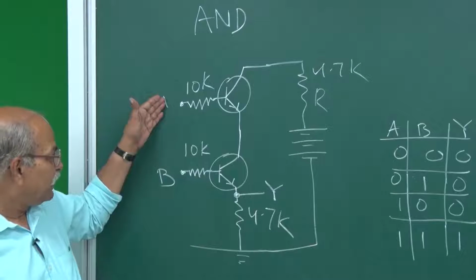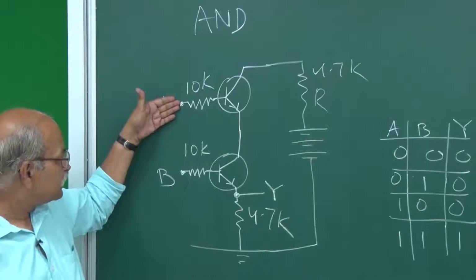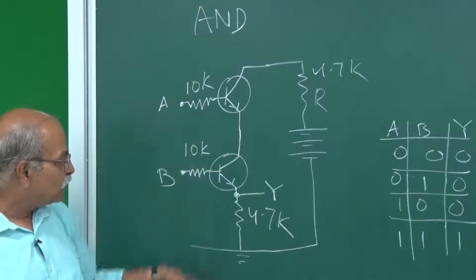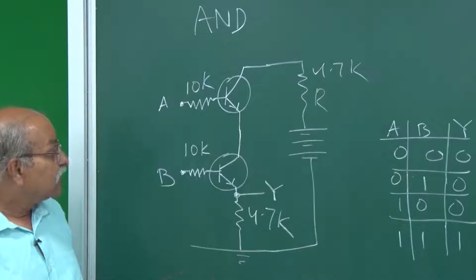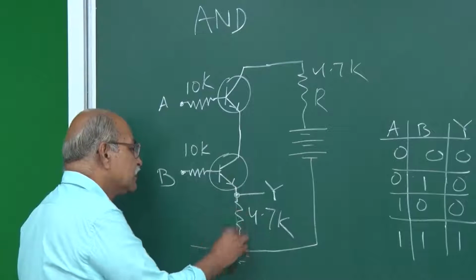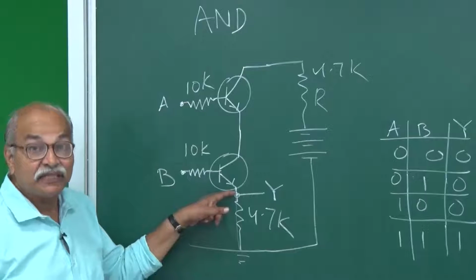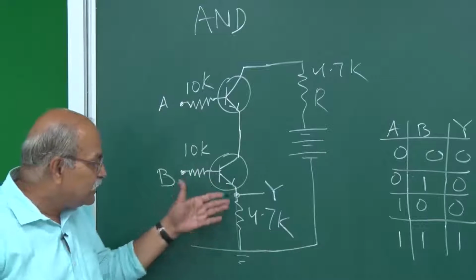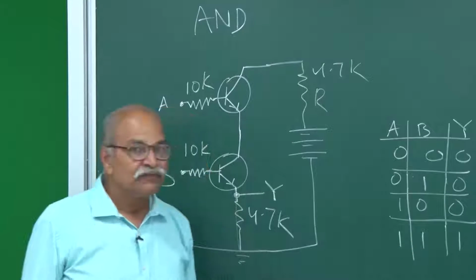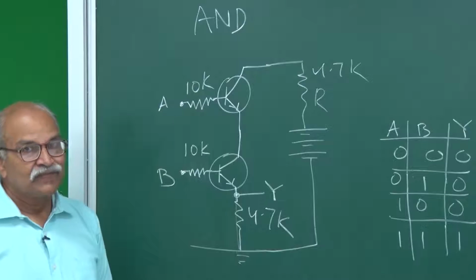Only if A and B both are given high voltage, then both are in conducting, saturation mode, and then you have a lot of current going from the emitter, the current goes in this direction. So, if this is 0 potential, this will be at a higher potential, so that V equals R I is satisfied. So, 1 1 gives me 1. This is how we can do this AND circuit.